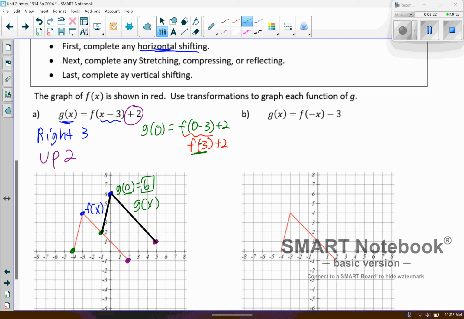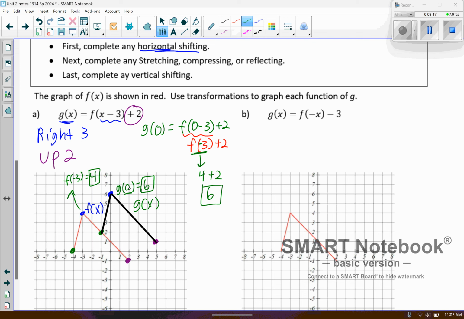There we go. I knew something had gone wrong. All right. So f of negative 3 right here, f of negative 3 equals positive 4. So this right here becomes 4 plus 2, which is a 6. And there we go. So sorry about the confusion there. I meant to plug in 0 and get 6, not vice versa.